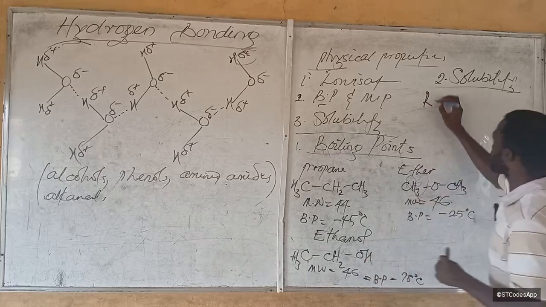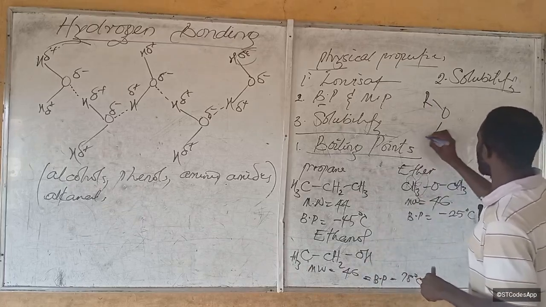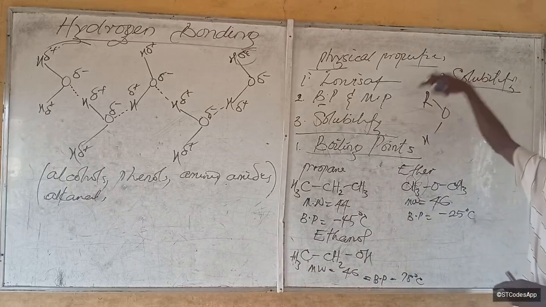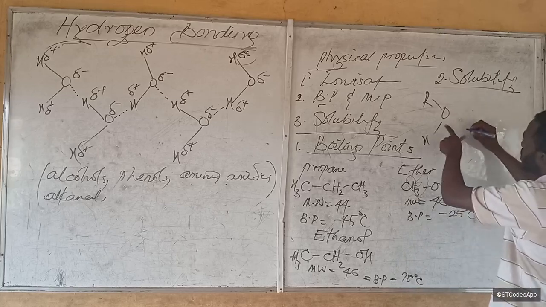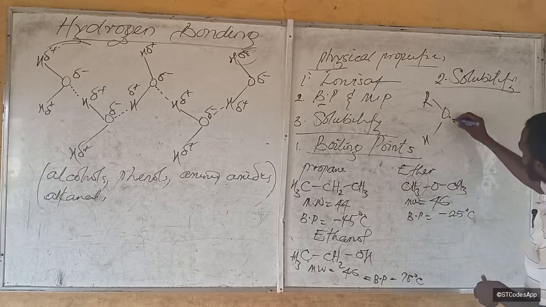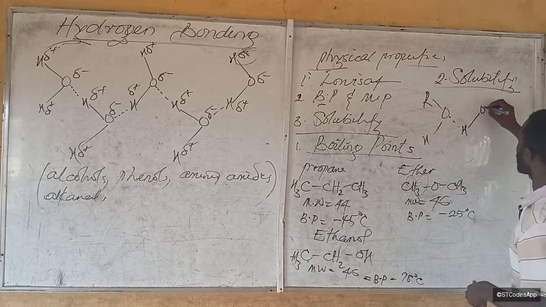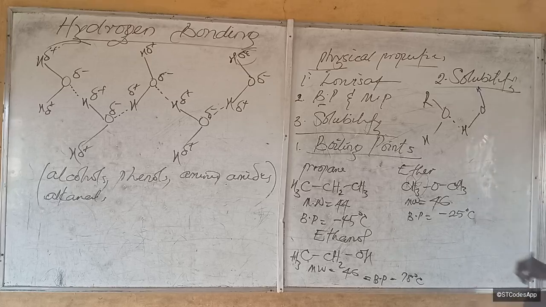So for example, let me show you how it will interact with water. We are going to have our ROH. So this is ethanol, this is alcohol. This guy is going to interact with hydrogen, which is already bonded with oxygen and hydrogen. Does this make sense to you? Then this one will now interact with another O and H and R. Does this make sense?